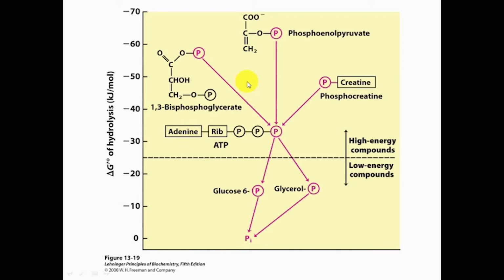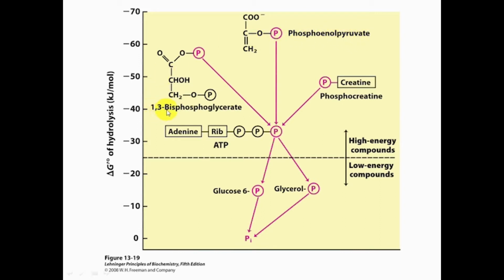Now we're going to introduce some high energy molecules. And so we see this division right here, -25. Anything above that line is going to be a high energy compound. Anything below that line is going to be a low energy compound. So we have phosphoenol pyruvate, abbreviated PEP.